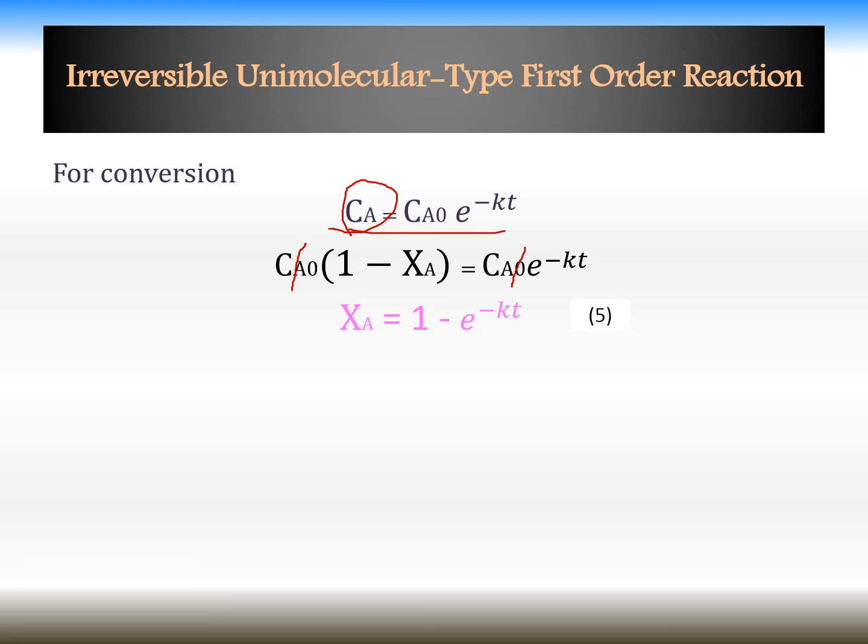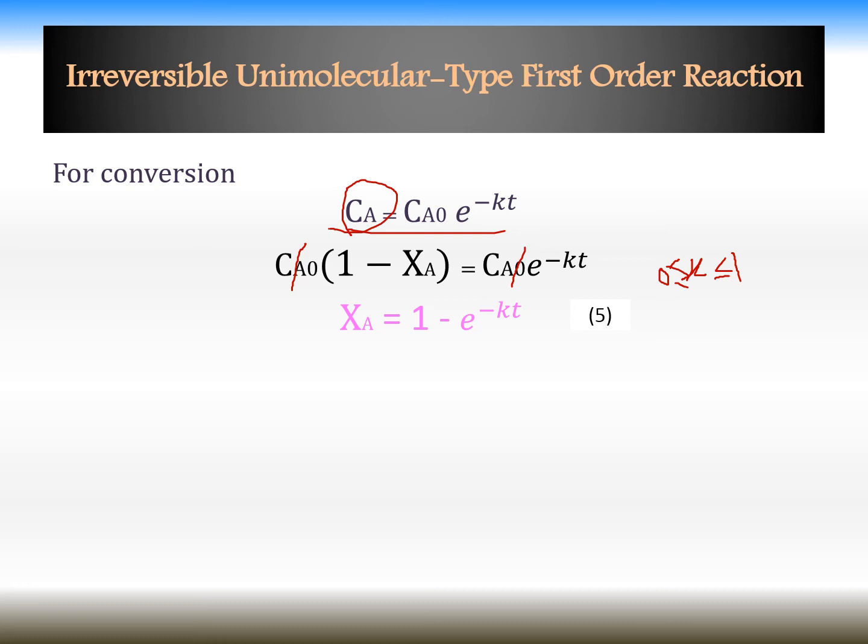This equation is in conversion form and tells us that the value of X lies between 0 and 1. The minimum value of X will be 0 and the maximum value of X will be 1.